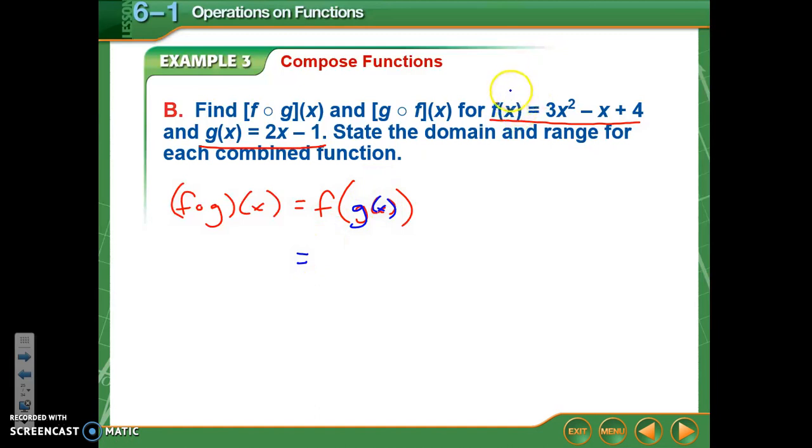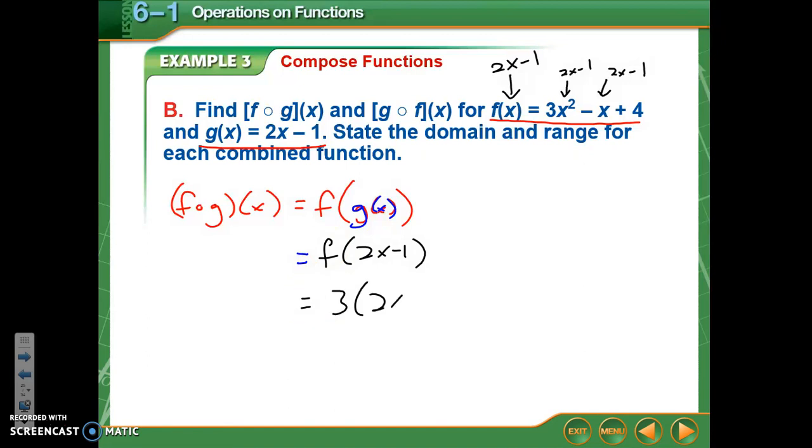So f of x is 3x squared minus x plus 4. What I'm doing is replacing this x with 2x minus 1 because that's what g of x is. So everywhere I see an x, I'm going to put 2x minus 1. It's exactly like substitution. So f of g of x is really f of 2x minus 1. I'm just plugging 2x minus 1 in.